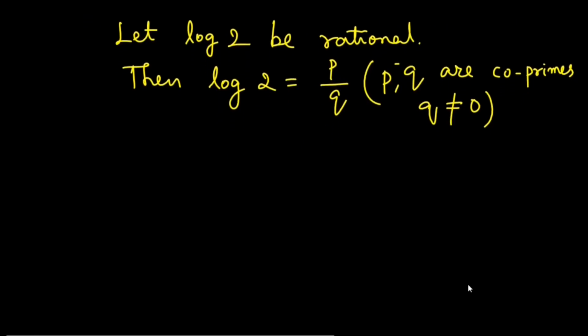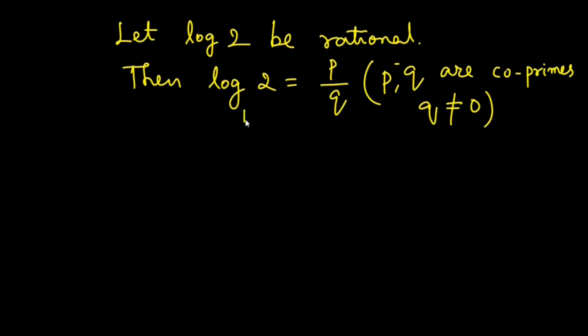Now here we have log 2 is equal to p by q. This is logarithmic form. Let us write the exponential form.